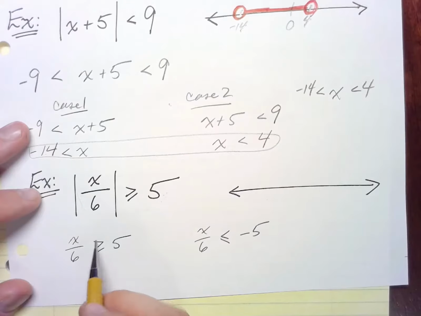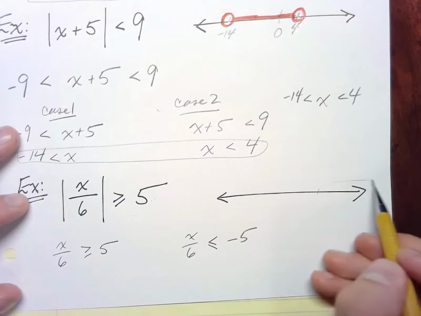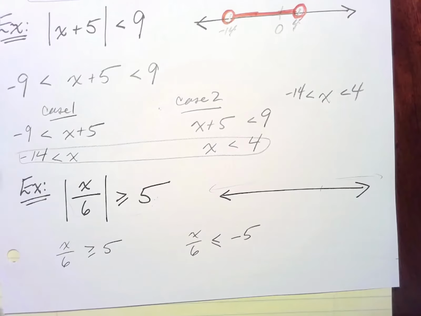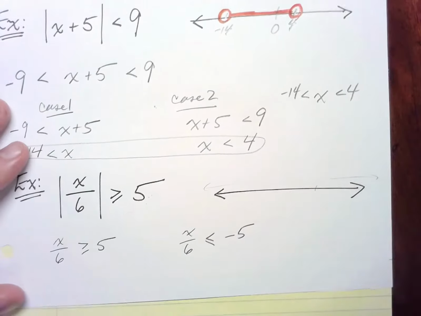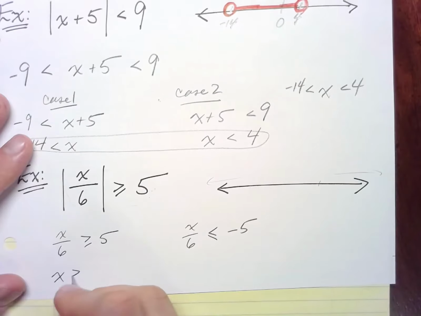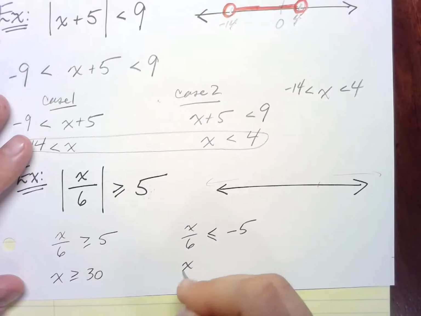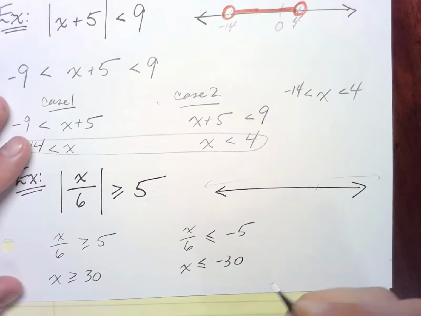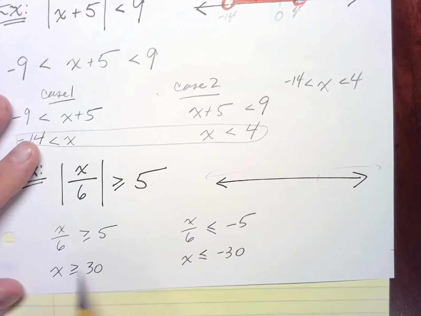So this greater than 5 is going to go up to positive infinity, less than negative 5 is going to go down to negative infinity. That's how we're getting the disjunction there. So now we multiply across and we get 30, and we multiply across and we get negative 30. So it's greater, and this is or.